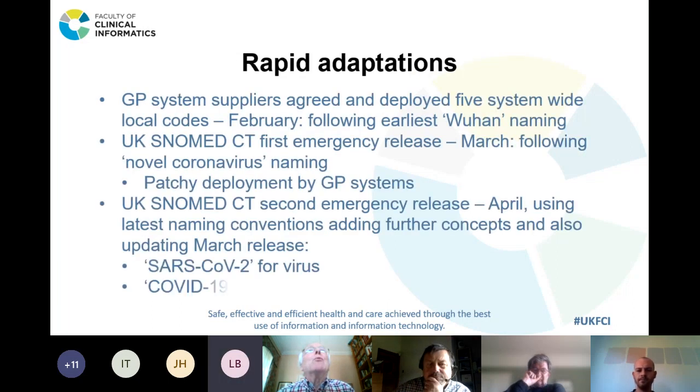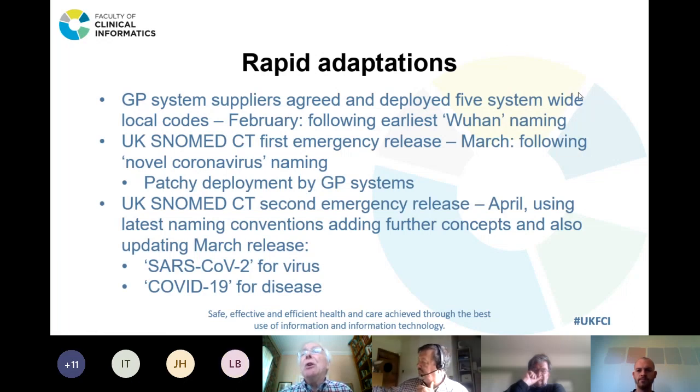So as I said, rapid adaptations took place. GP system suppliers, never heard this happening before, within days all agreed to deploy the same 5 system-wide local codes with exactly the same codes, following that Wuhan naming convention.